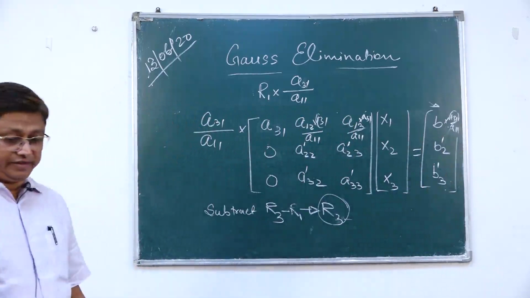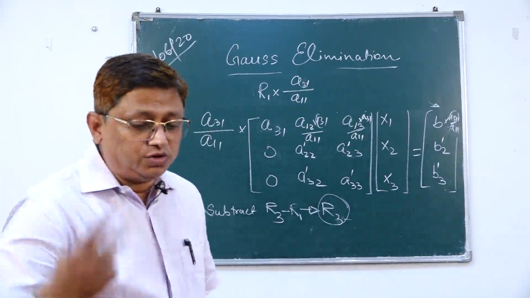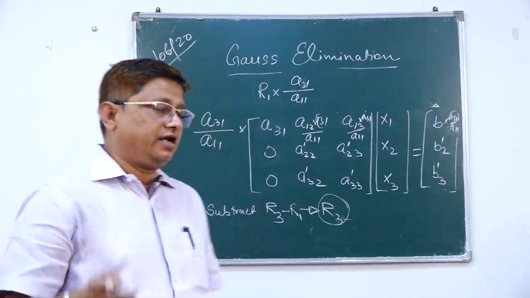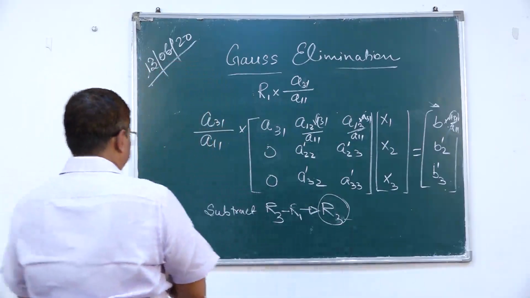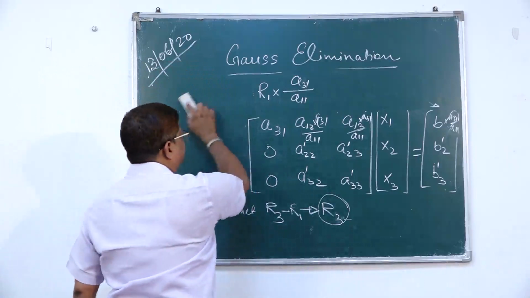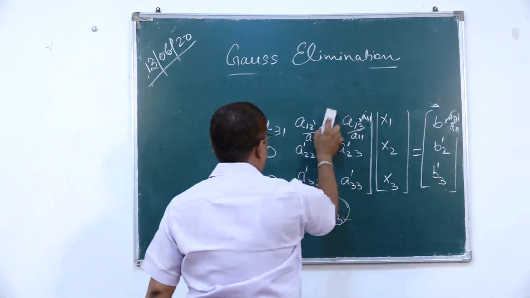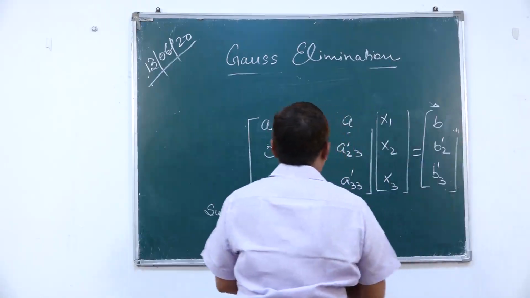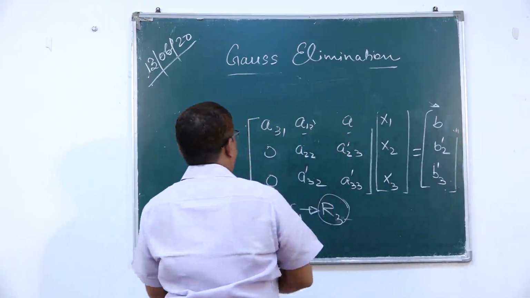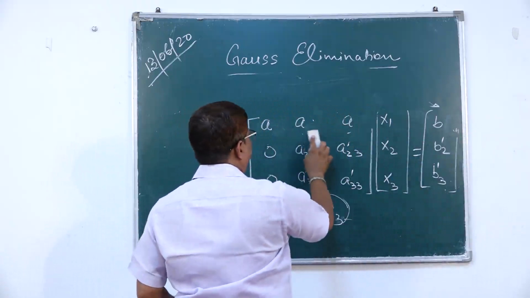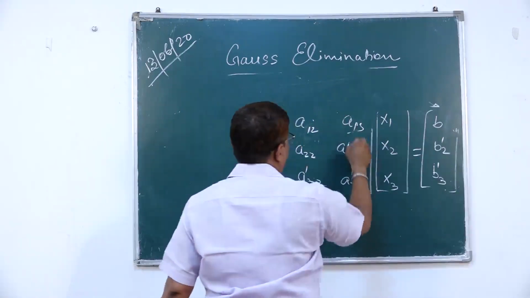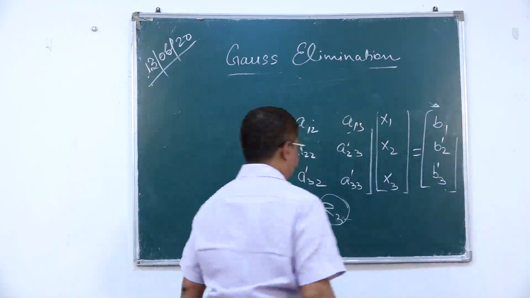After getting the two 0s at the positions of A21 and A31, now shift the pivoting position of this equation: A11, A12, A13, B1.